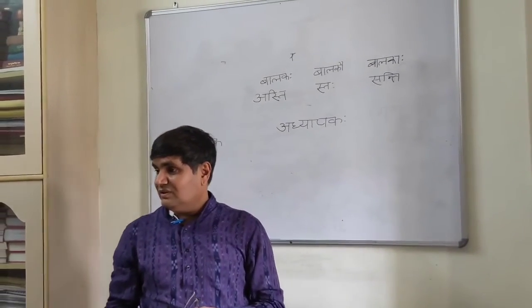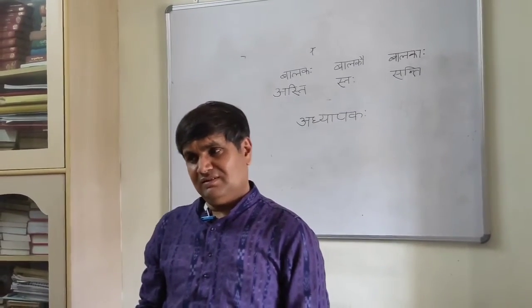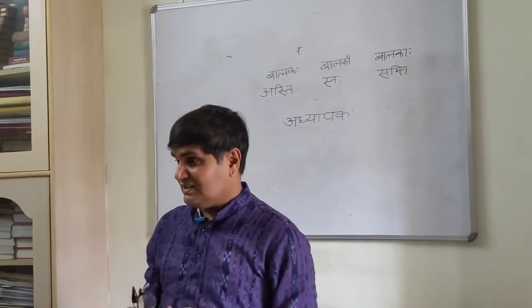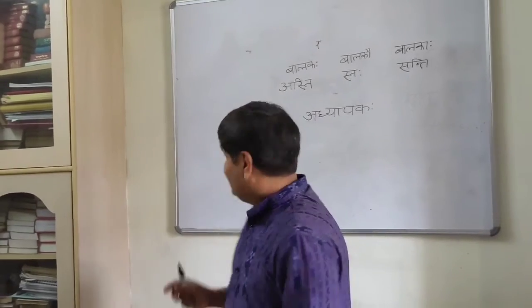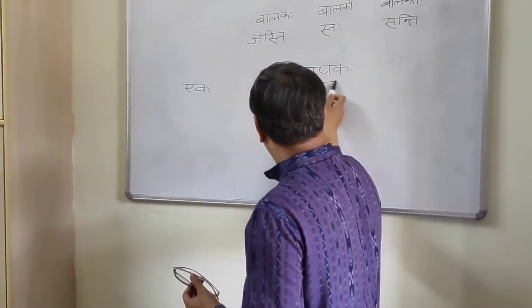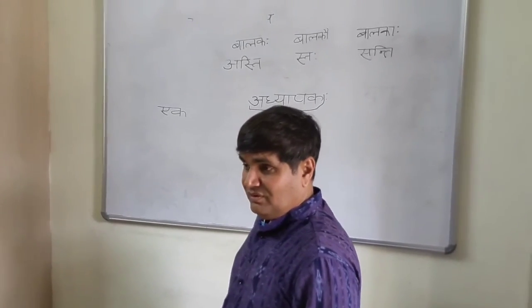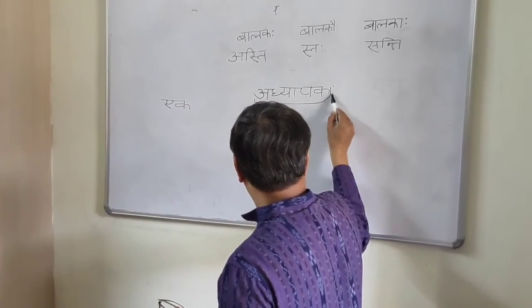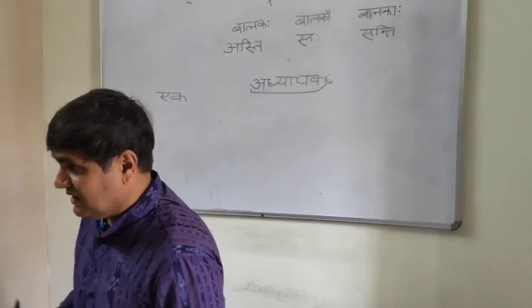What is the meaning of the word adhyapakah? The teacher. No, only the teacher. One teacher. The oneness is there. There are two things. The teacher is there and oneness is there. This portion refers to the idea of teacher, and this part refers to the idea of oneness.